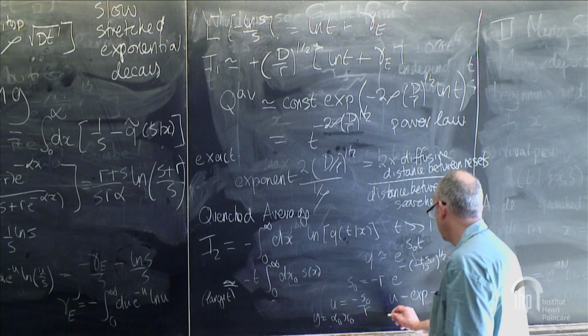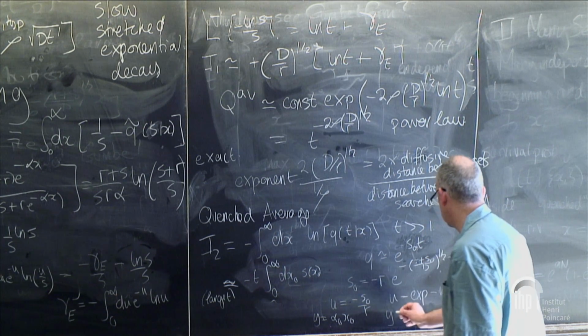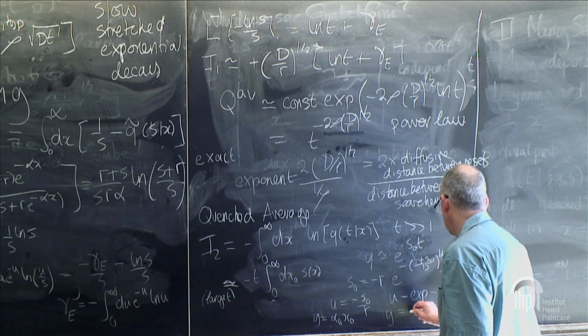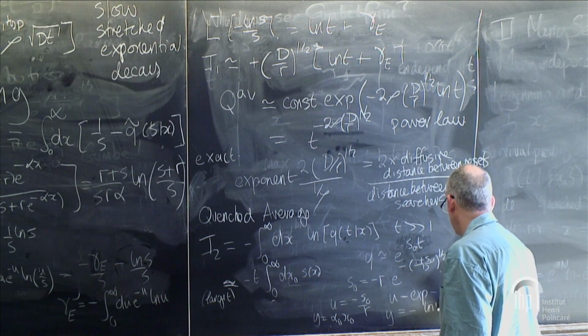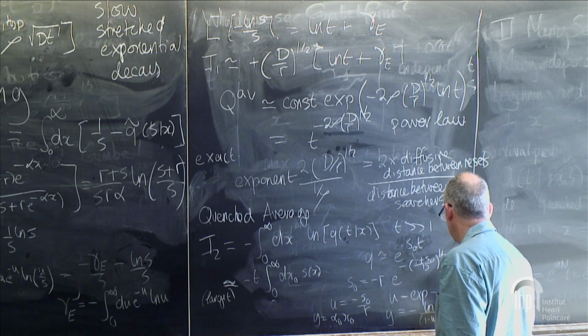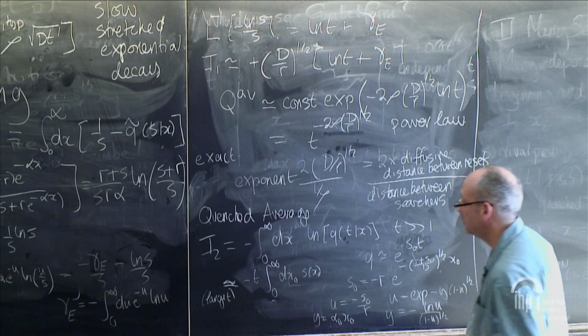So if I invert this, I get Y equals minus log U over 1 minus U to the half.